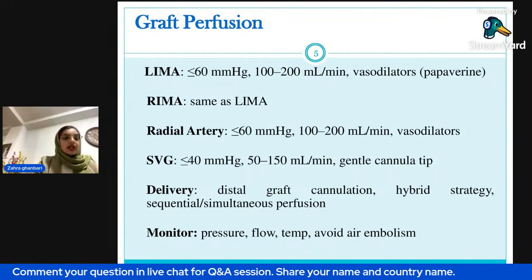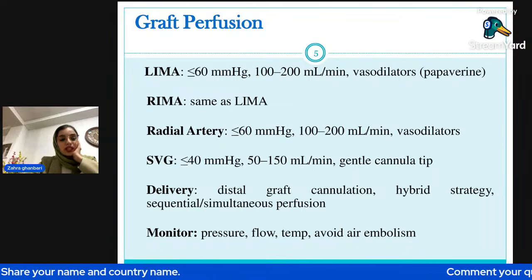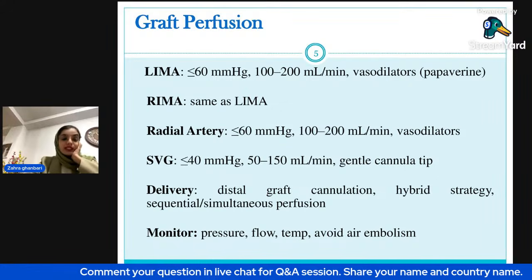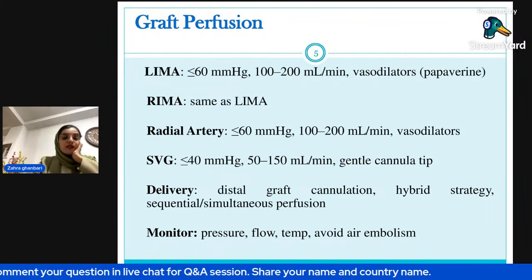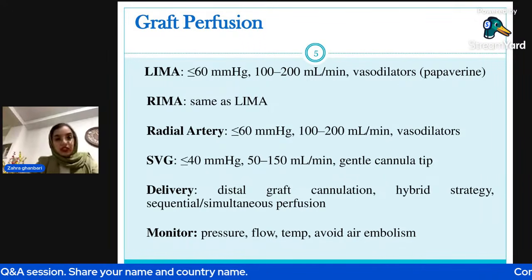If I want to talk about the delivery strategies via graft, one of them is distal graft cannulation: cardioplegia injected directly into the distal anastomosis. The other is a hybrid strategy, a combination of native root plus graft injection plus retrograde.